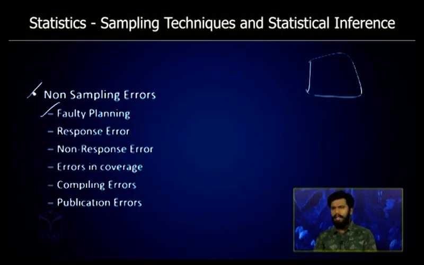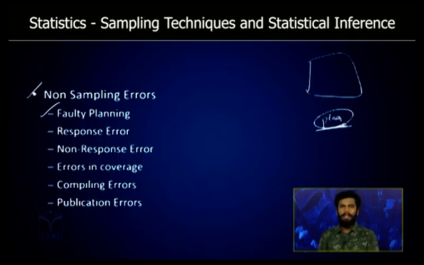So this all comes under the sampling planning. We have to plan everything before we go for sampling. So if there are any errors occurring in the planning, then that kind of errors we can call faulty planning.